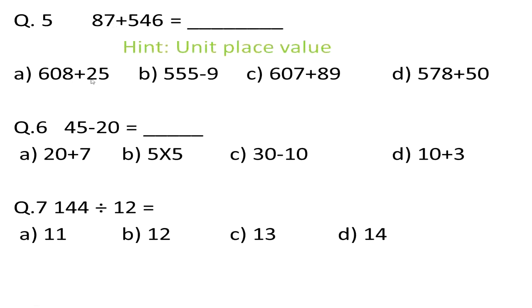If we see in option number A, 8 plus 5 it comes 13. Here 5 minus 9 it never comes. 7 plus 9 again it is 16. 8 plus 0 is 8. So probably we can conclude that option number A is correct and we will see, yes, this option is correct.